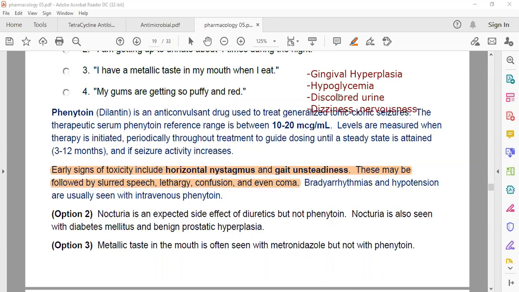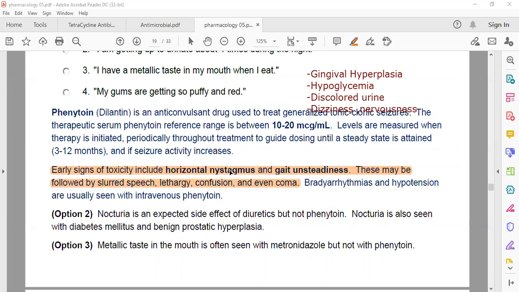And if your patient takes an anticonvulsant like phenytoin, do not give any other medication with the anticonvulsant, especially over the counter. Now the question: what are the signs of phenytoin toxicity? The early signs of toxicity include nystagmus or gait unsteadiness.